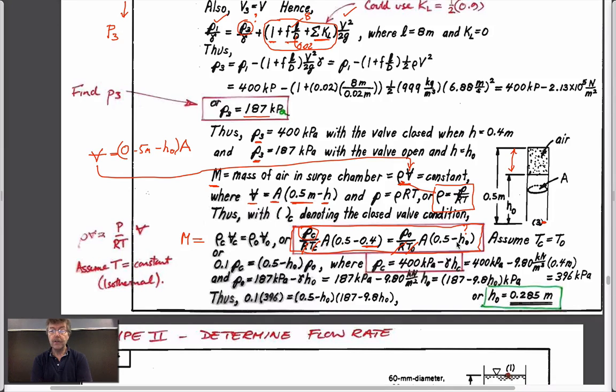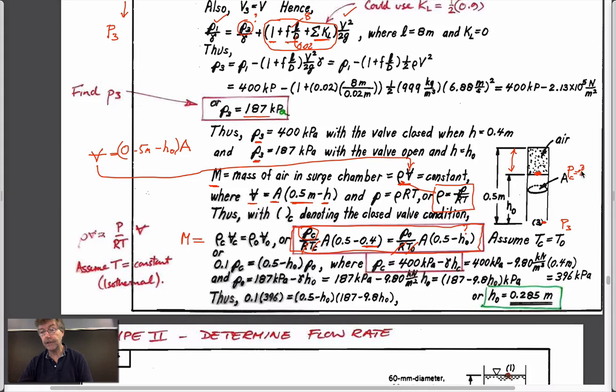And so now what we can do is we can try and figure out the magnitudes of the pressures which are acting in this water column. The pressure that's acting in this water column when it's closed is going to be the pressure at 3, and the pressure closed is going to be equal what?